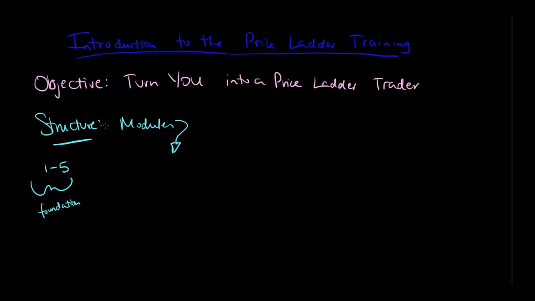After you've done this part, the 1 to 5 modules, basically what we're going to do is put you through a week, 5 working days of what we call micro scalping drills.